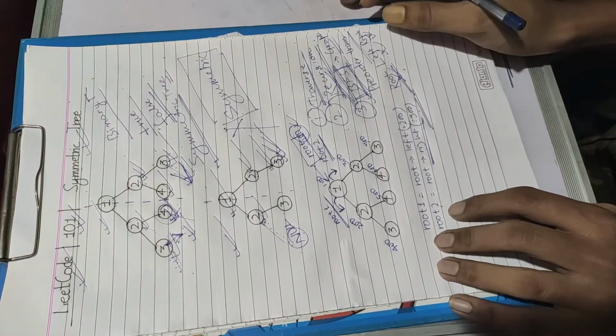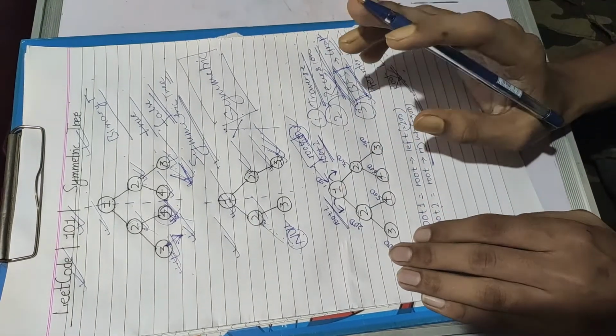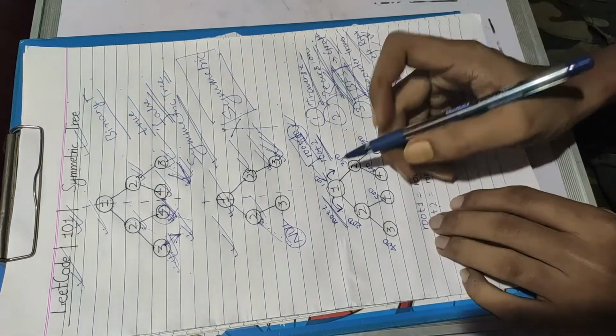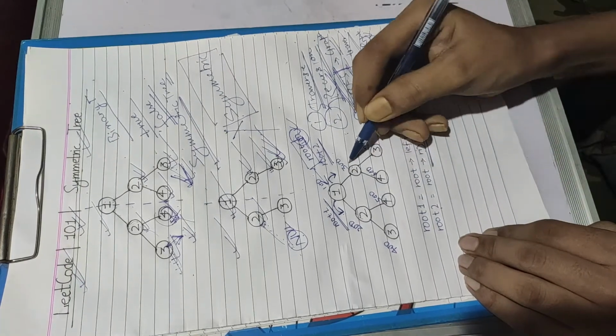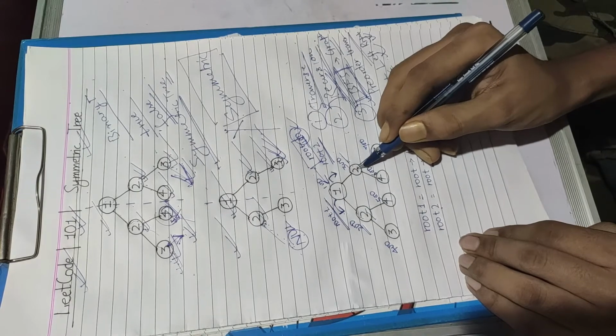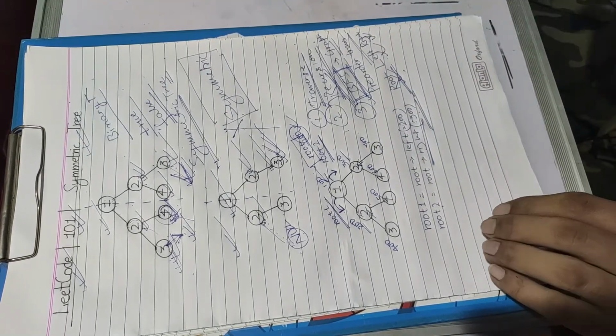Now let me go through it case by case. Here we have root 1 equals 200 and root 2 equals 300, so they are pointing to this node and this node. Now there will be some conditions.